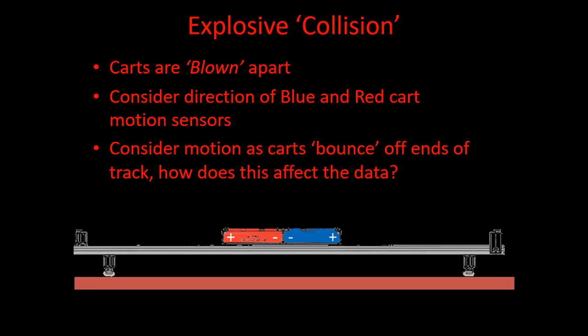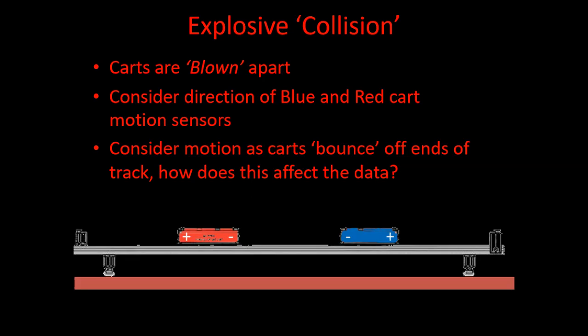Think about which directions these carts will go and what you should see in terms of the sign of their movement. As in this case, both carts will be moving in their relative positive directions. This reaction, this explosive collision, is a little more violent than the other two that we've looked at. And as you could see from this little simulation, the carts bounce off the ends of the track, and you may see that in your data.